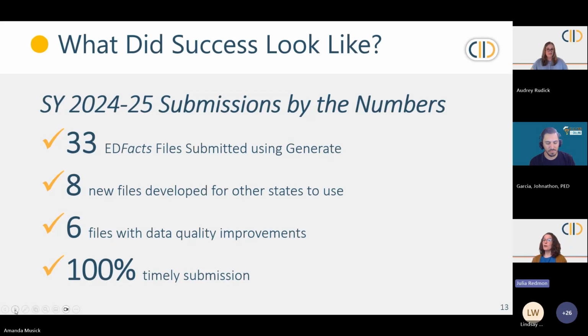And there are 2 more in the works that will also be ready through this round. And then just amazing, kudos, Jonathan, being able to send the email up to his upper leadership at the end of this reporting cycle saying 100% timely submission on all the files into EdFacts.